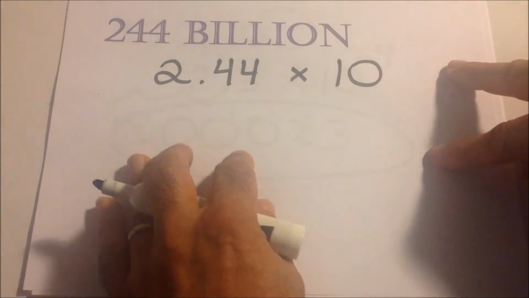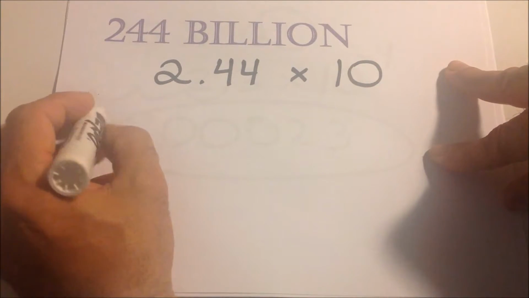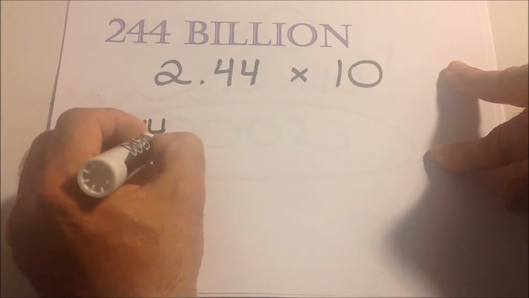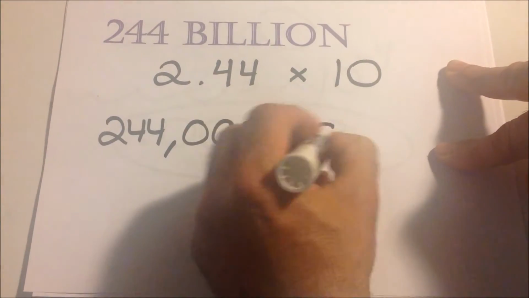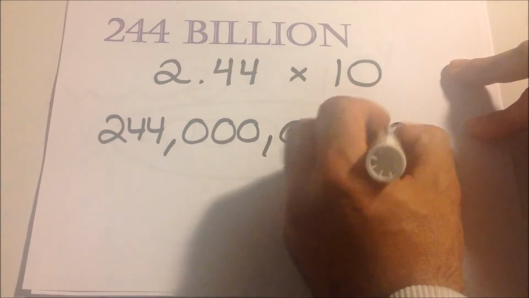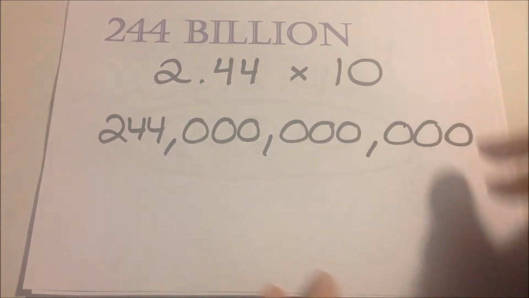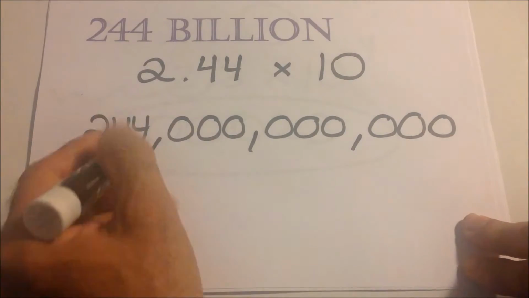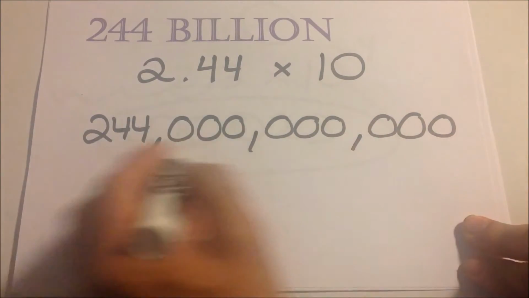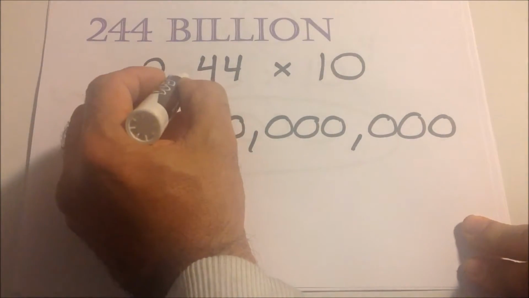If you want, you can write this out. Let's write 244 billion. Here's 244. That's 244,000. That's 244 million. And there's 244 billion. So it may be easier to write it out first. Right, so here's 244 billion. We know we have the decimal after the first digit.